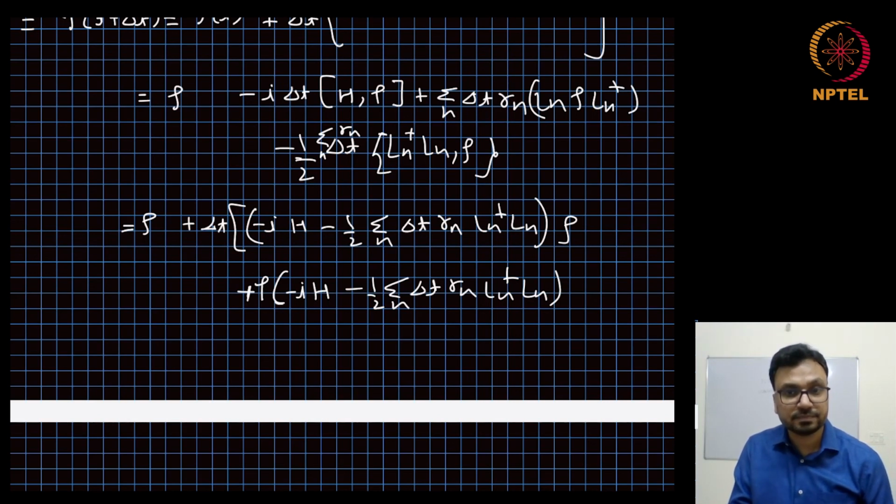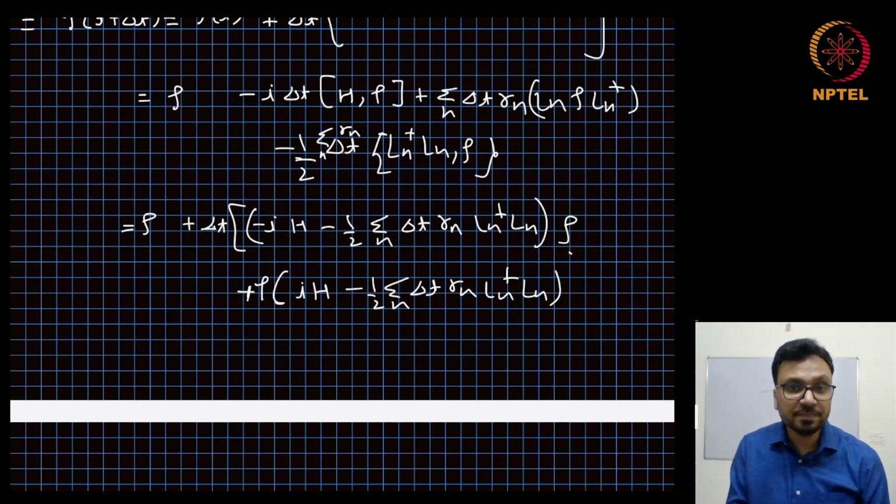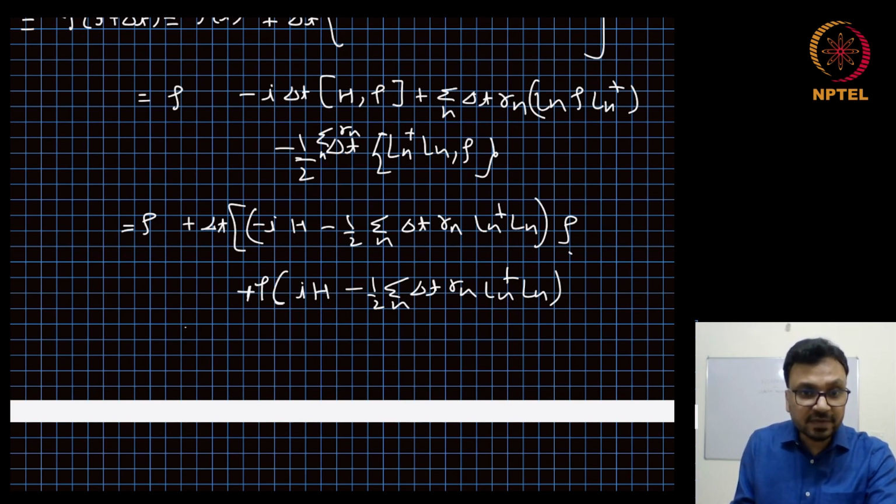No, there is a plus sign here, and there is a minus sign here. So you see minus i H rho and rho i H, that is the commutator of H with rho with minus i outside, and minus half sum over n delta t gamma_n L_n dagger L_n rho minus half rho delta t gamma_n L_n dagger L_n is the anticommutator of rho with L_n dagger L_n. Plus we have delta t times sum over n gamma_n L_n rho L_n dagger.